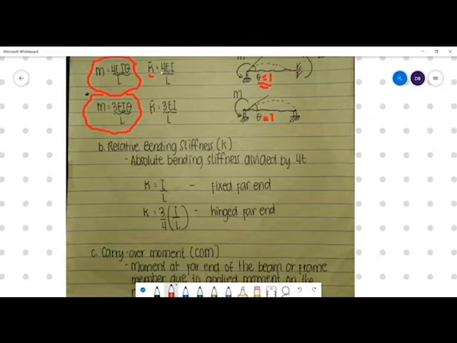The 4EI over L, divided by 4E, gives K equal to I over L. This is for a fixed far end of the beam. And for simply supported, that is 3/4 I over L. Okay? So those are what we need to remember for stiffnesses.